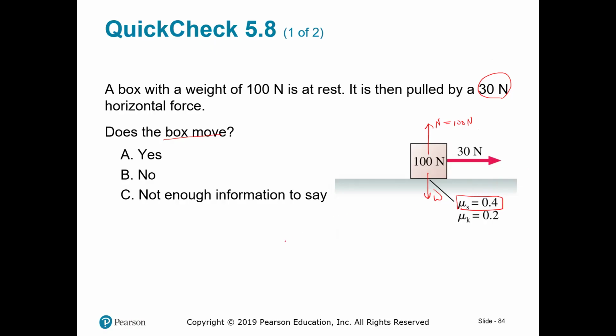The maximum static friction force is mu s times the normal force. Your mu s for this question is 0.4. Normal force is 100, so the maximum static friction force is 40 Newton. But you apply only 30 Newton, so the object does not move.